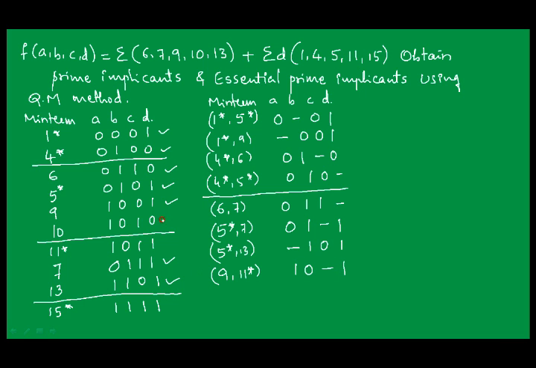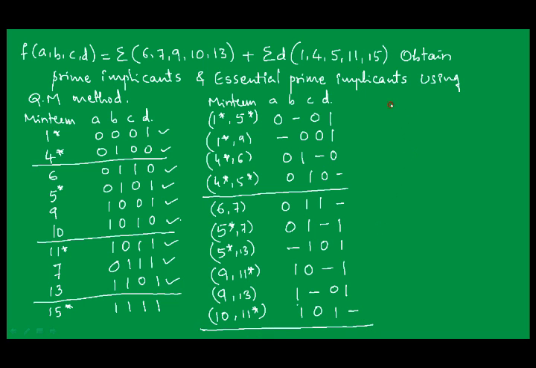Next 9 13: 1 dash 0 1. Then 10 11 star: 1 0 1 dash. Okay, this ends the second group in a new table.